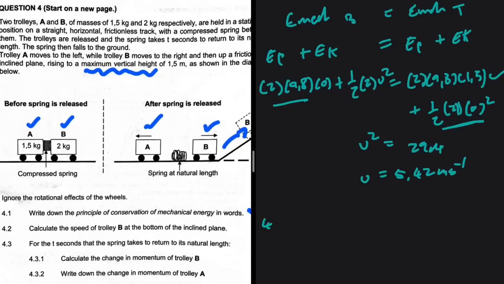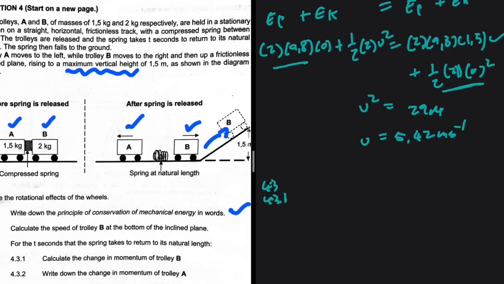Okay, and then 4.3.1. For the t seconds that the spring takes to return to its natural length, calculate the change in momentum of trolley B. So change in momentum delta P, which is m multiplied by Vf minus Vi. We can use this to find the change in momentum, right?